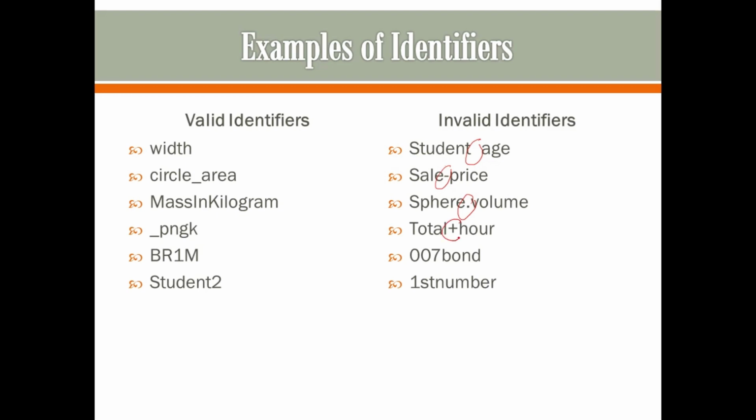This one is the same, cannot use other symbols except the underscore or dollar sign. Here, an identifier cannot start with a number. This one is the same, cannot start with a number. So you know how to write a valid identifier.